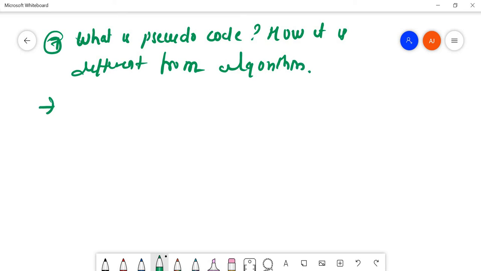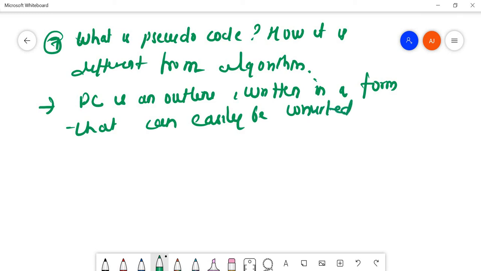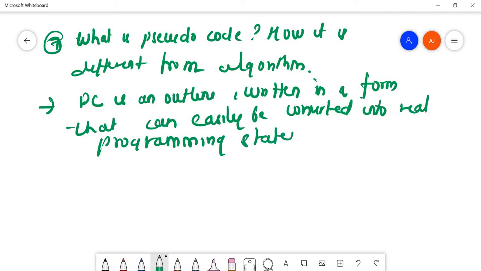So pseudocode, PC, I am writing this, is an outline written in a form that can easily be converted into real programming statements. Okay, so this is the definition of pseudocode.